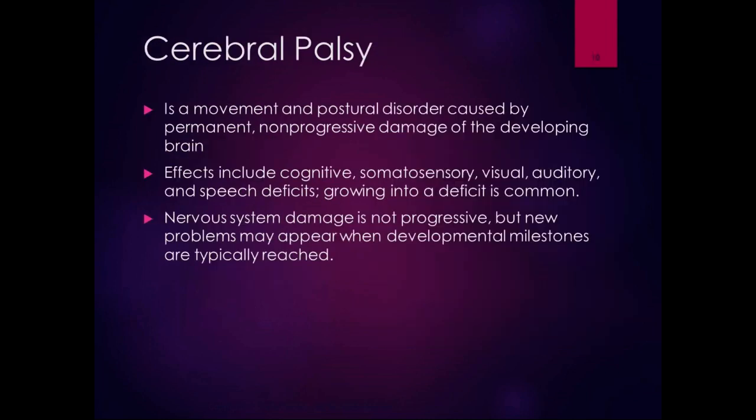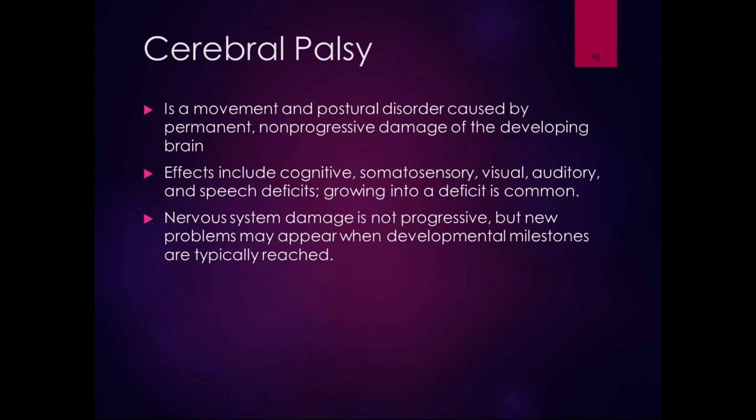So cerebral palsy is a movement and postural disorder that is caused by permanent, non-progressive damage of the developing brain. So that's a good definition to know. It's non-progressive. It doesn't change after the damage is caused, and it's permanent. The effects can include cognitive, somatosensory, visual, auditory, and speech deficits.